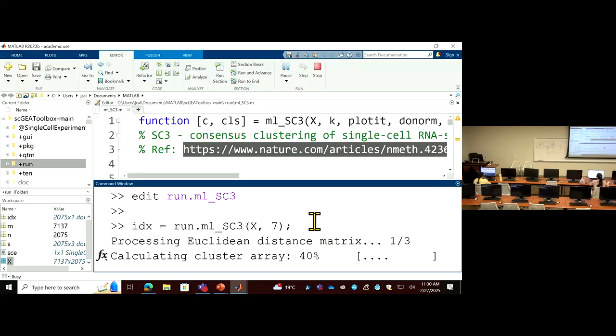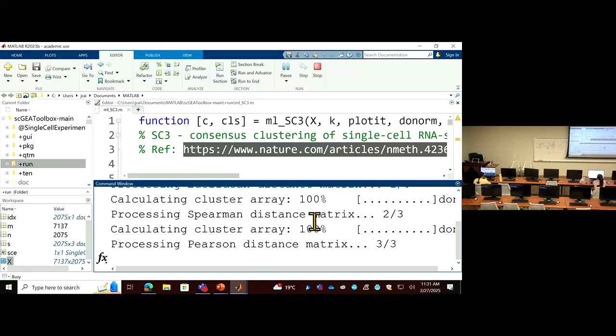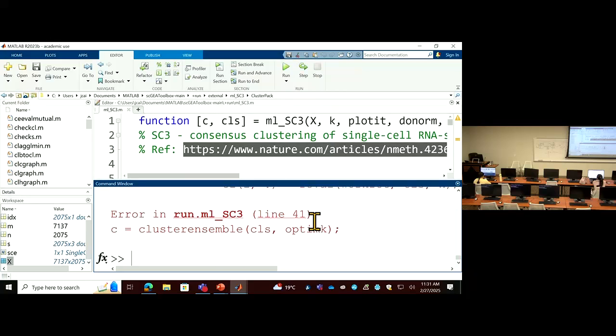So you have to have the toolbox in the path. Do you have the toolbox in your path? Looks like you put a 2 underscore.